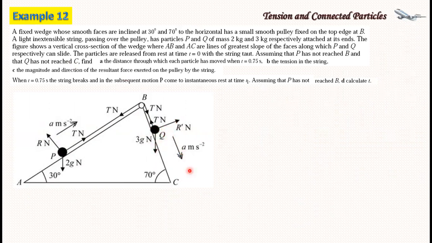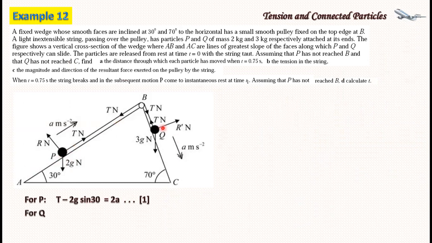Acceleration is going to be downwards, as we can see. Now let us see how we resolve this. So for the particle P, we have T minus 2g sine 30, this component downwards, equals its mass times its acceleration.